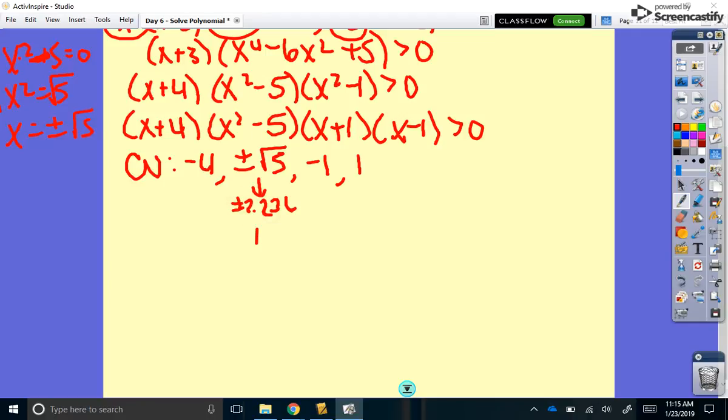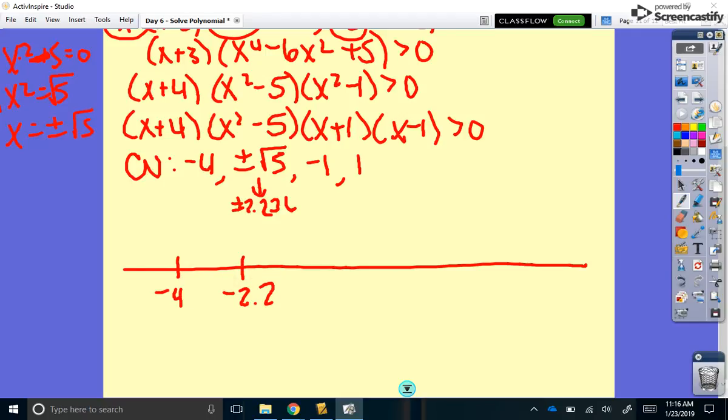But on your answer, make sure you include plus or minus radical 5. Okay, so put all of these numbers on a sign chart. Again, it's going to be a really large sign chart. So I have negative 3, negative 2.2, negative 1, 1, positive 2.2. These are all open circles.